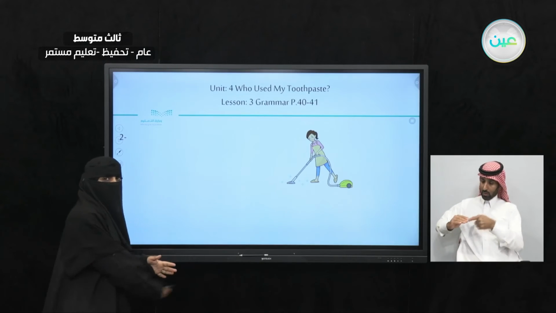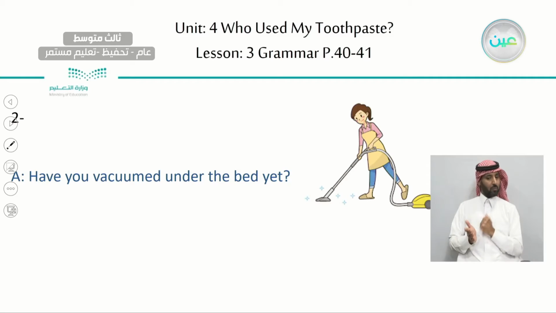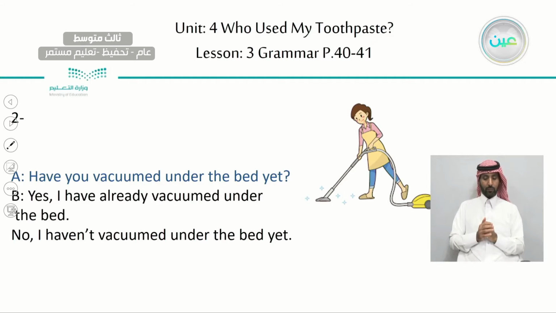But we're not sure if she did under the bed or she hasn't done it. So have you vacuumed under the bed yet? Okay? You can say yes, I have already vacuumed under the bed, or no, I haven't vacuumed under the bed yet. Okay, this is for number 2.